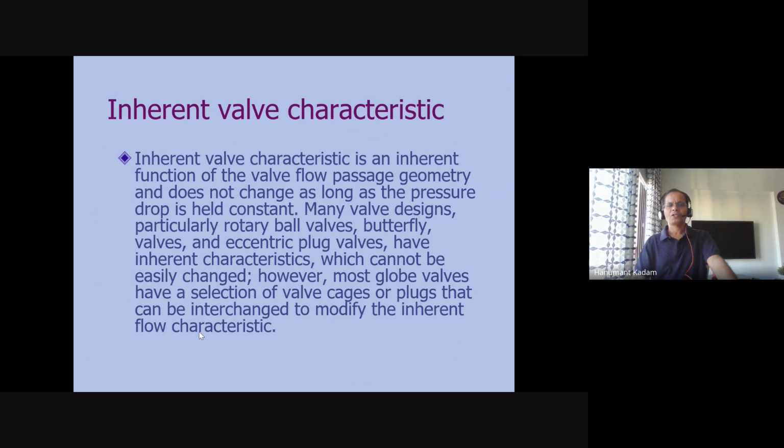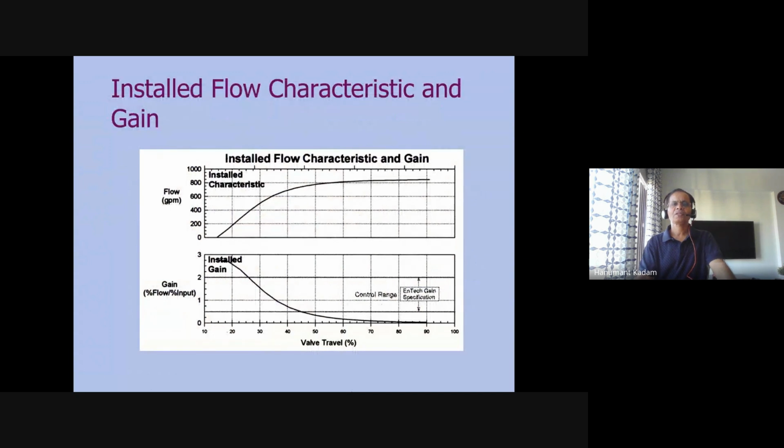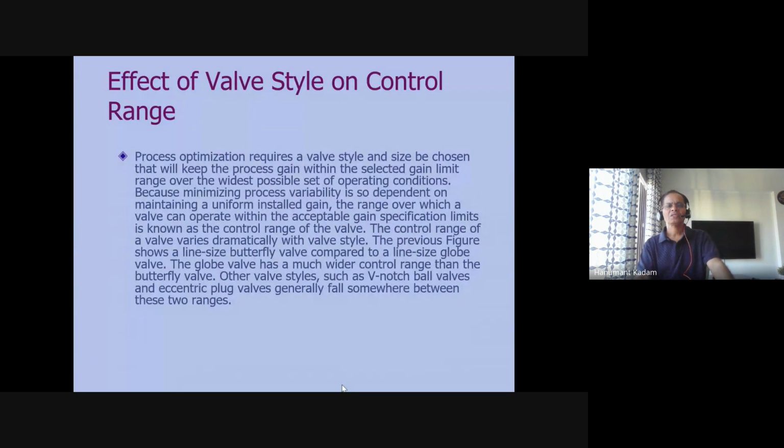So many valve designs, particularly rotary valves, butterfly valves, and eccentric plug valves, have an inherent characteristic which cannot be easily changed. However, most globe valves have a selection of valve cages or plugs that can be interchanged to modify the inherent flow characteristics. You can see here, I will skip this.